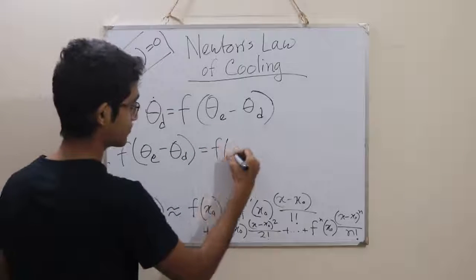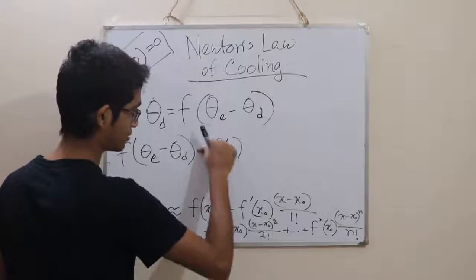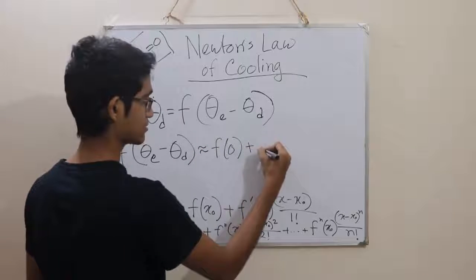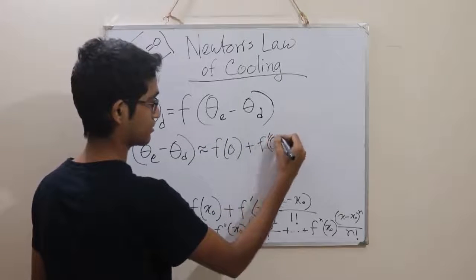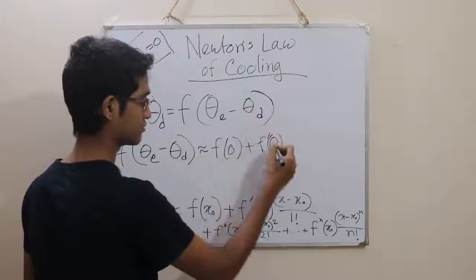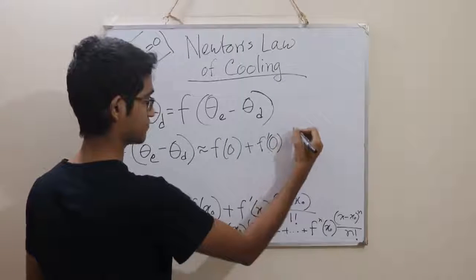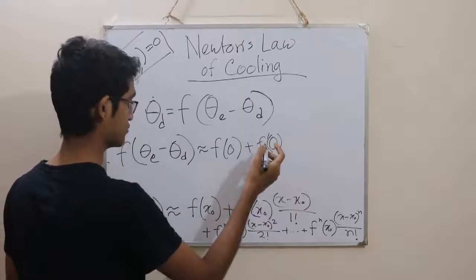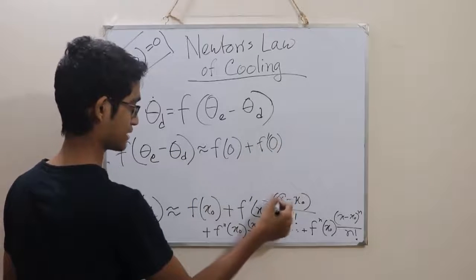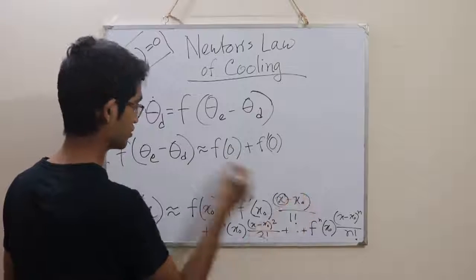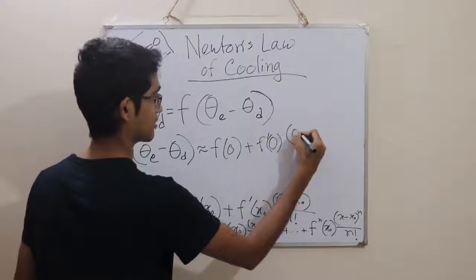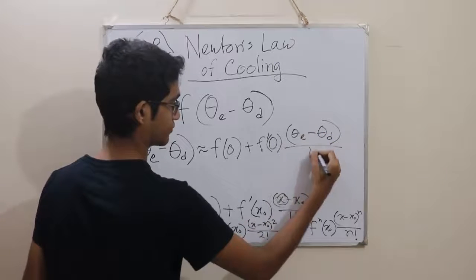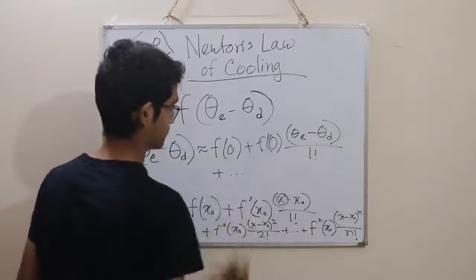So f of 0, I will just write approximately equal to f of 0 plus the differentiation of f at 0 times this thing minus 0, because x minus x naught is 0, so this thing over 1 factorial and on and on.